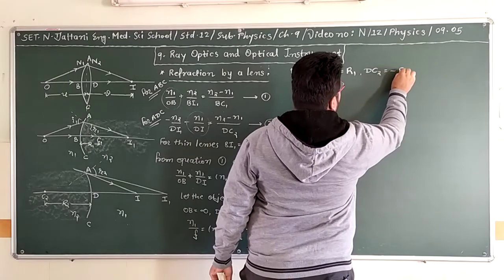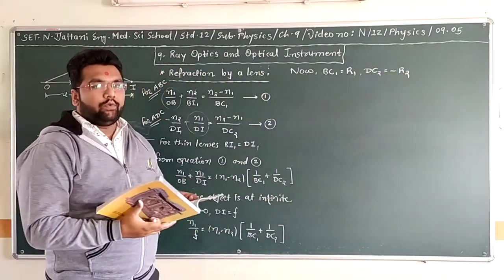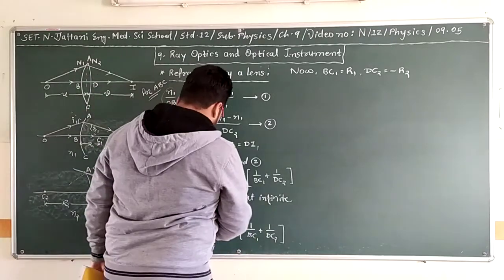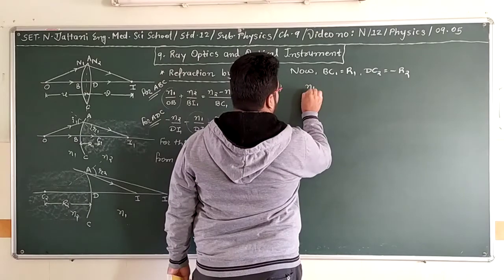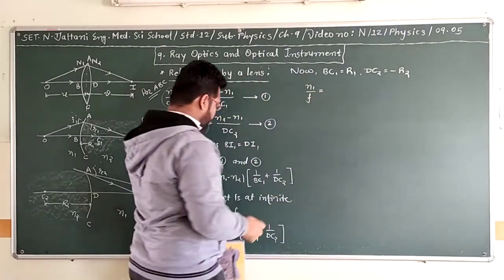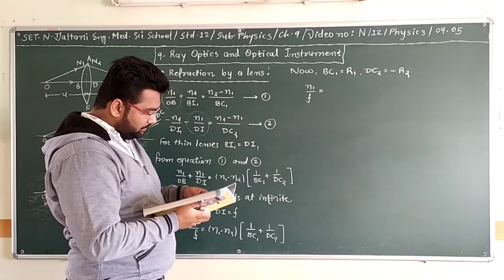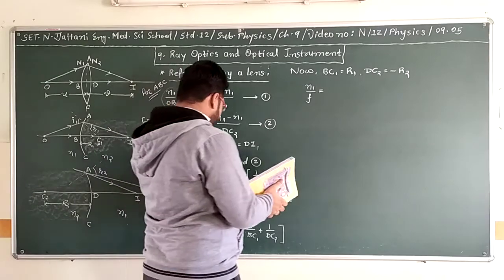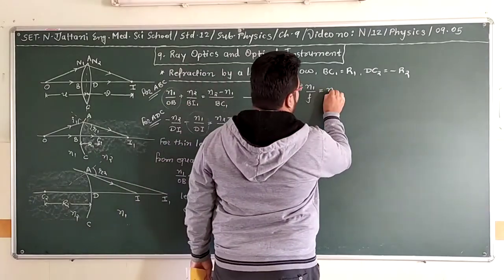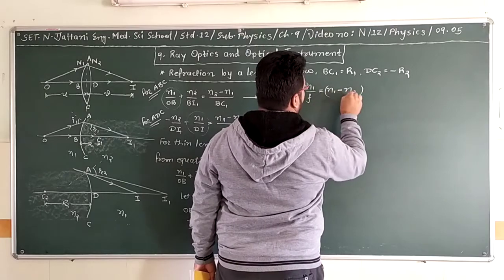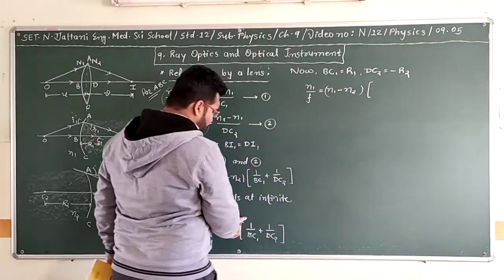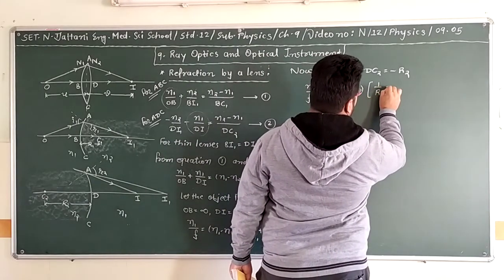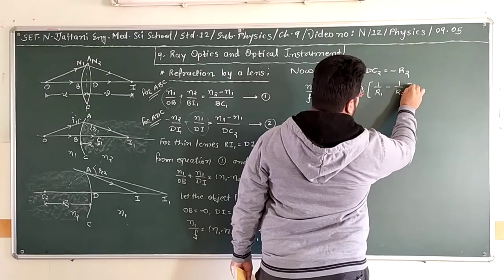If we put these values into the equation, we get n1 upon f is equal to n1 minus n2 into the bracket 1 upon R1 minus 1 upon R2.